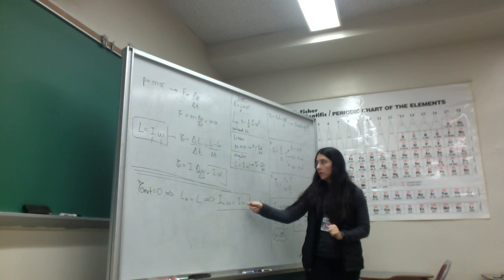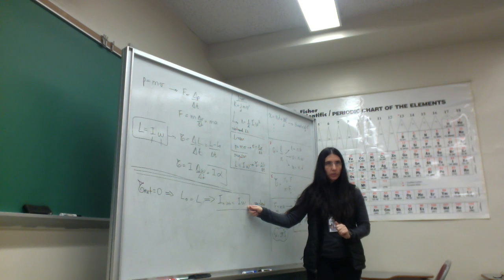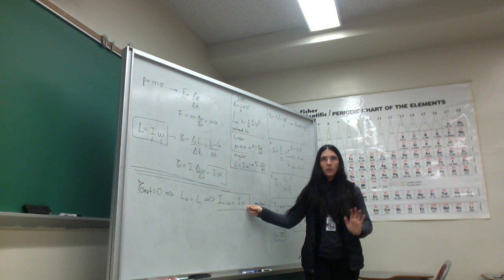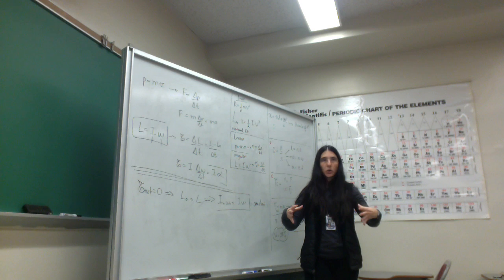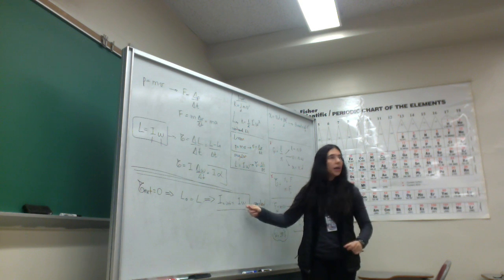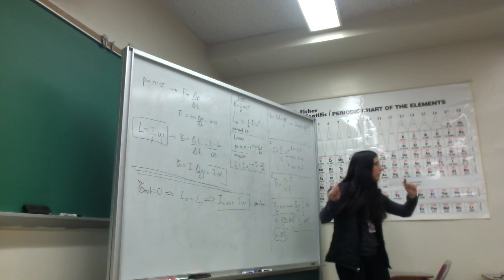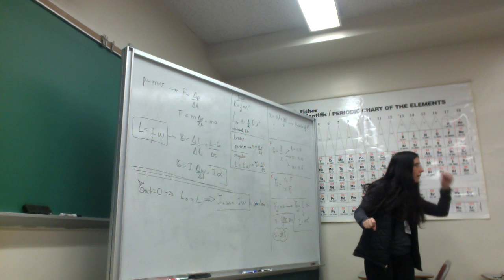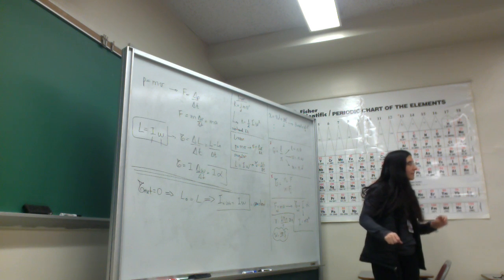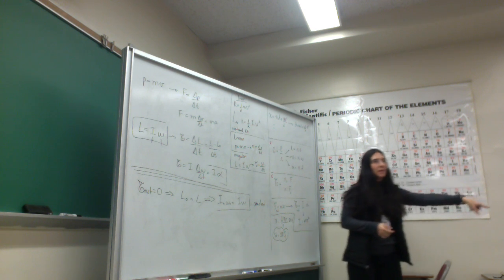One way is if my angular velocity does not change, and in a rigid object, that's the case. The shape of the rigid object cannot change, so the angular velocity has to be the same. Another way: if the object is in the middle of a disk, then the moment of inertia would be zero because the r is zero. Okay, you're in the right direction.